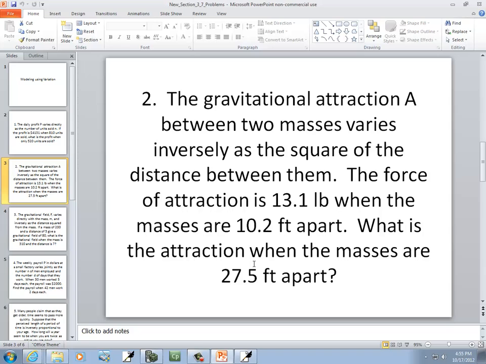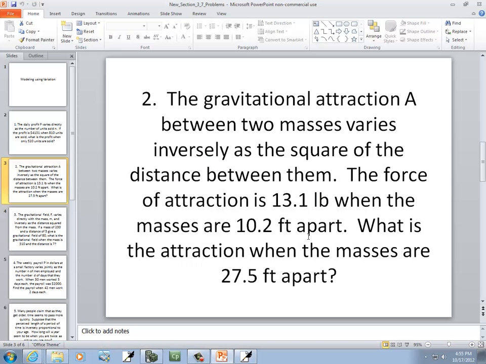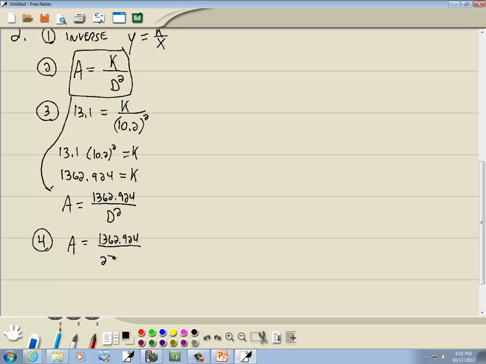What is the attraction? So what is A? What is the attraction when the masses are 27.5 feet apart? So D is 27.5.